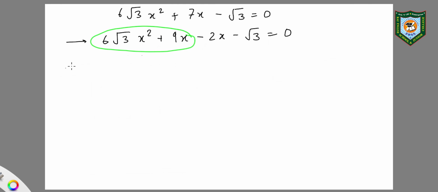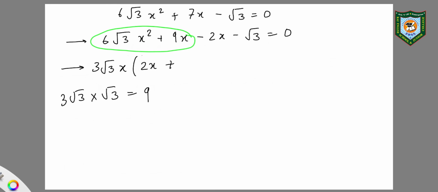Here we have 3 root 3x common, and inside we are left with 2x plus, now 3 root 3 into root 3 is equal to 3 into 3, which is 9. So I can write 9 as 3 root 3 into root 3. As you can see, 3 root 3x is already common, so inside the bracket we'll be left with only root 3. So this is 2x plus root 3.